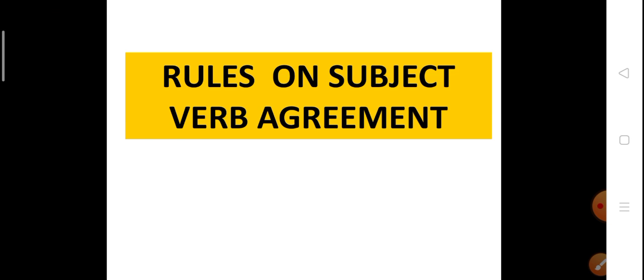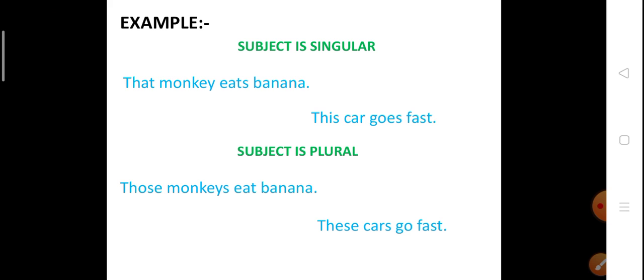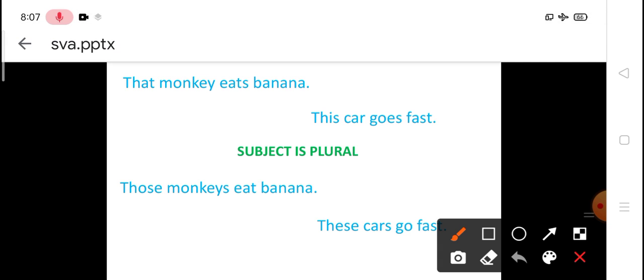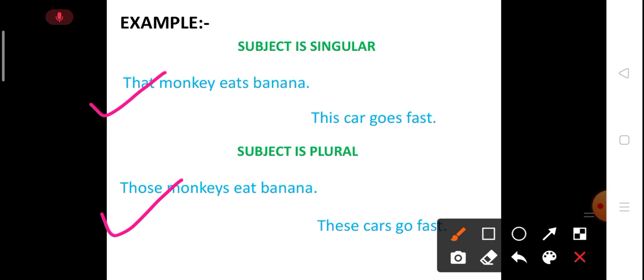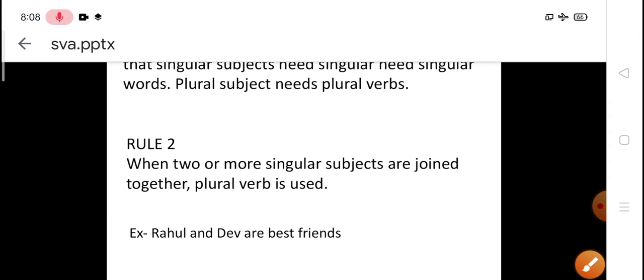As we have seen in the last examples, if the subject is singular, the verb is also singular, and if the subject is plural, the verb is also in plural form. So this was rule number 1.